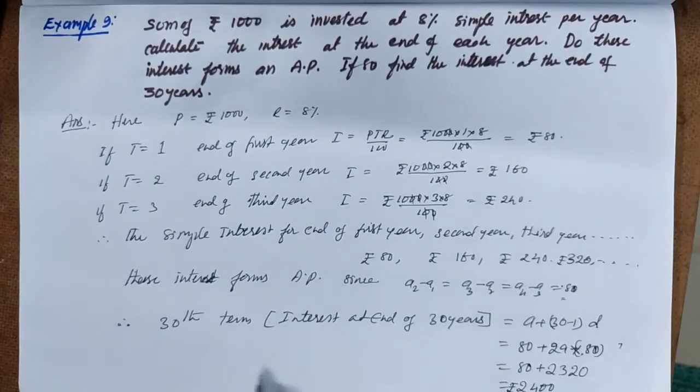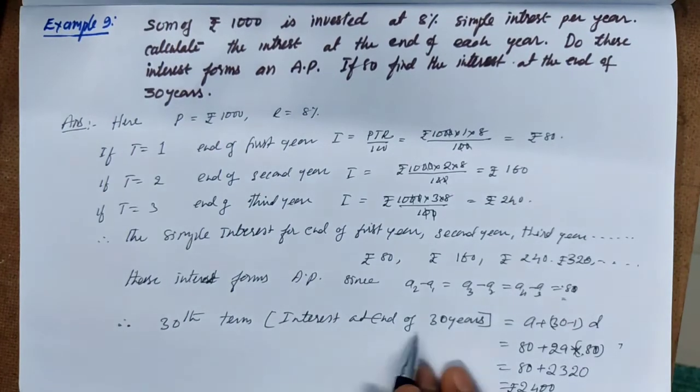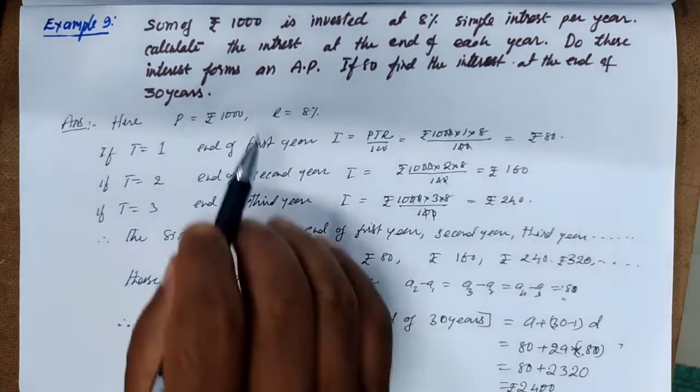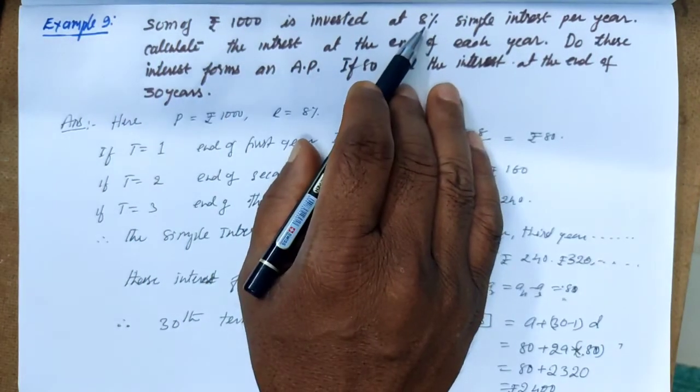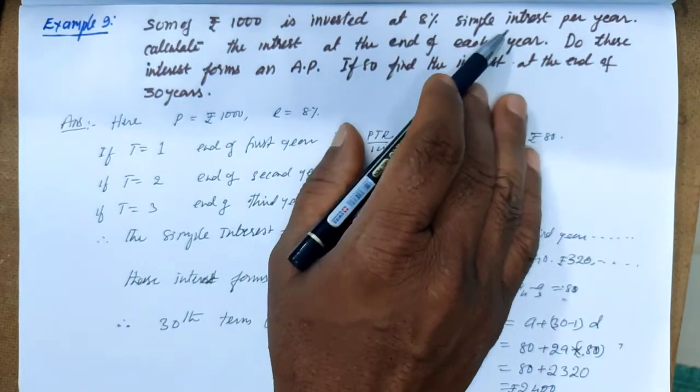So this is the simple interest at the end of 30 years for the sum of 1000 rupees at the rate of 8% per annum.